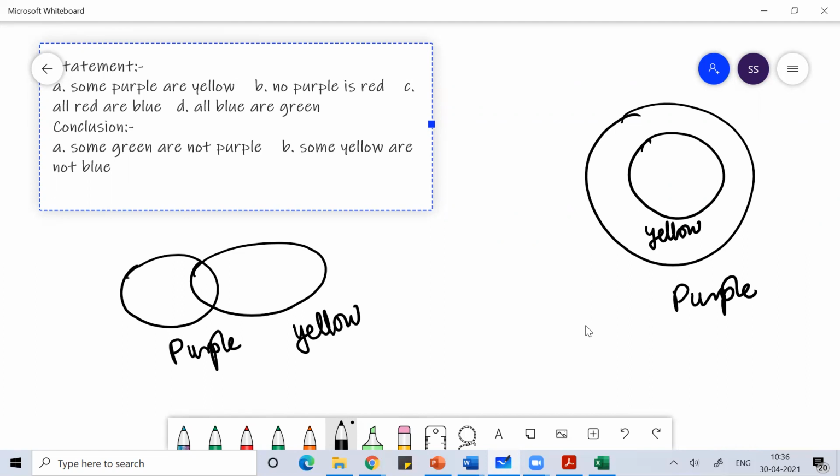Then the next statement given to you is no purple is red.